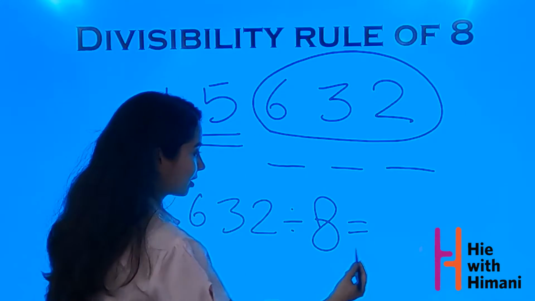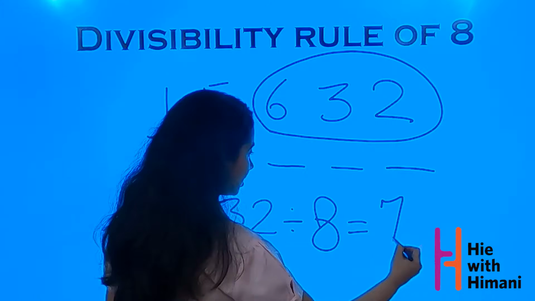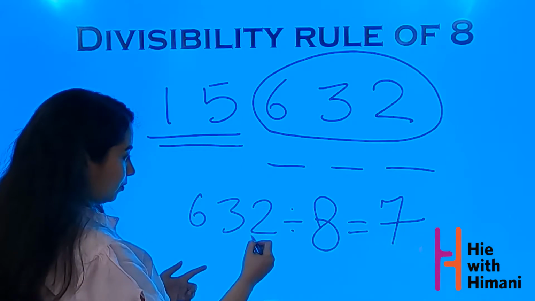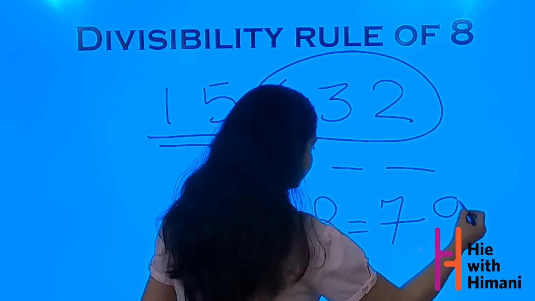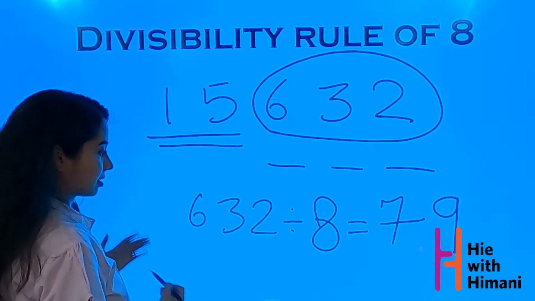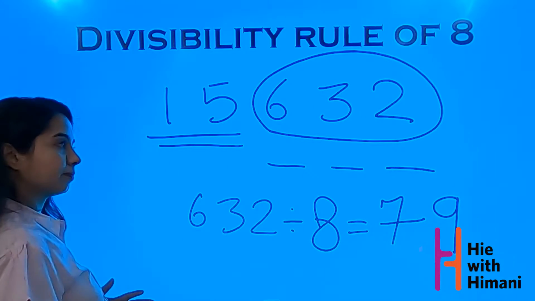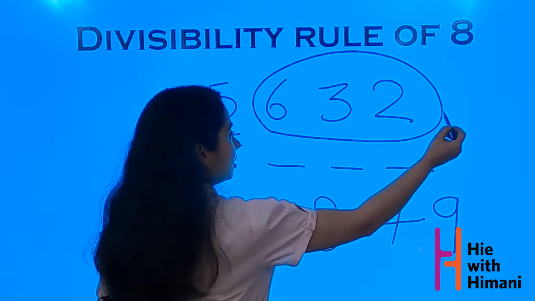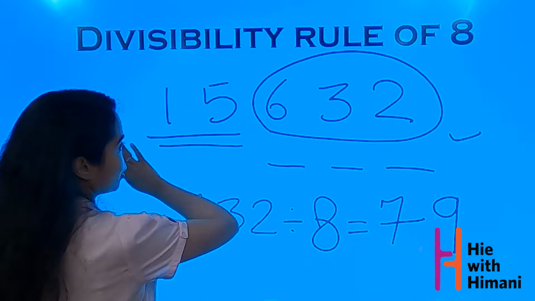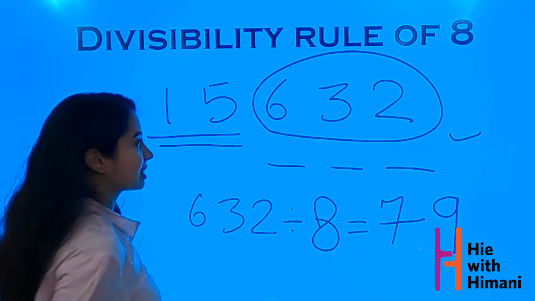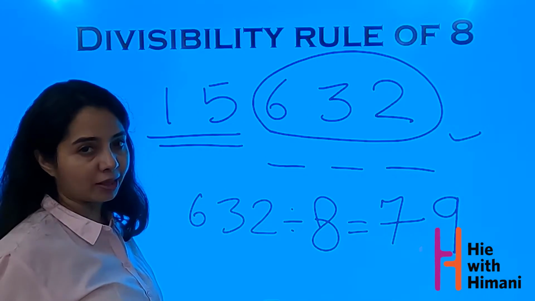If you want, you can do it together. 8 sevens are 56, and 8 nines are 72. So it is completely divided. So if 632 is divisible by 8, then the entire number 15,632 is also divisible by 8.